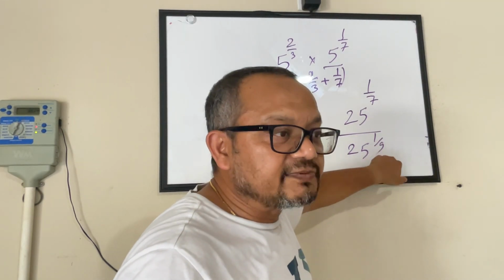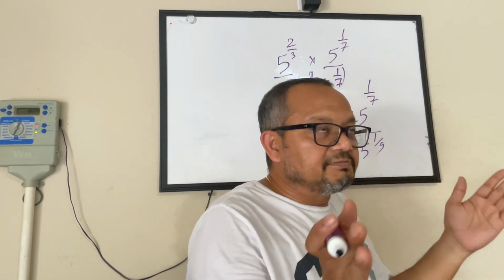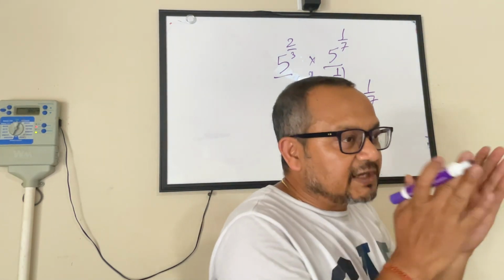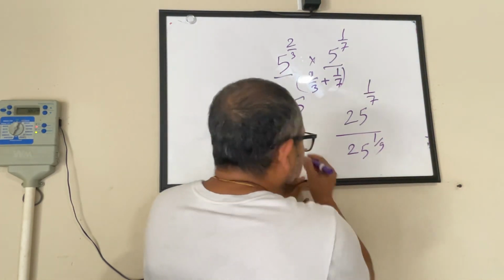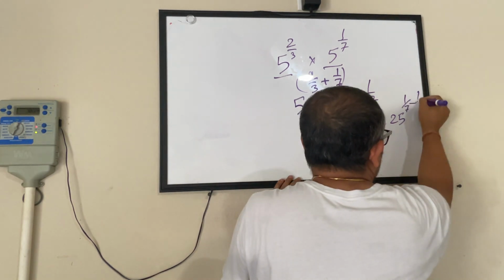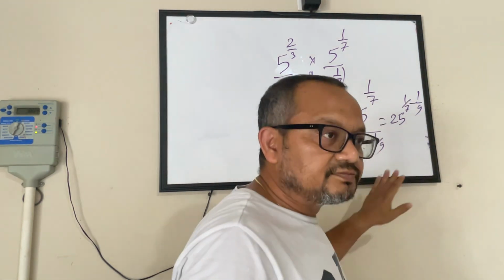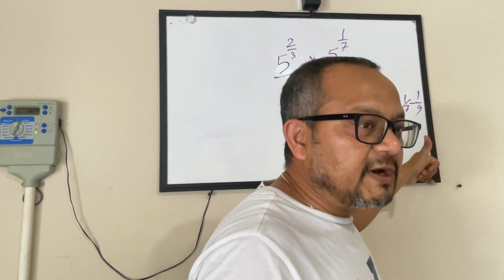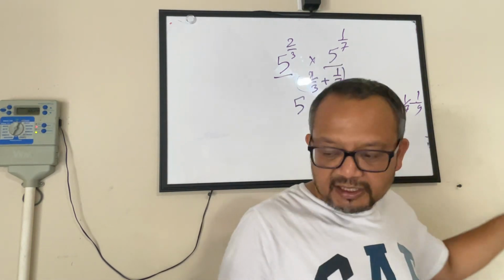So here also subtraction comes into play. So this will become 25 to the power 1 by 7 minus 1 by 9. Yeah? This part is okay? Everybody with me?